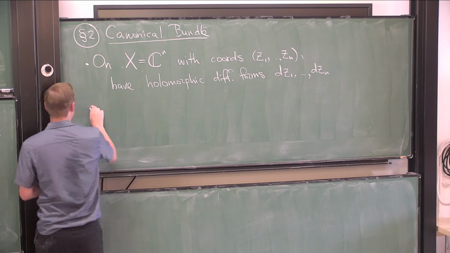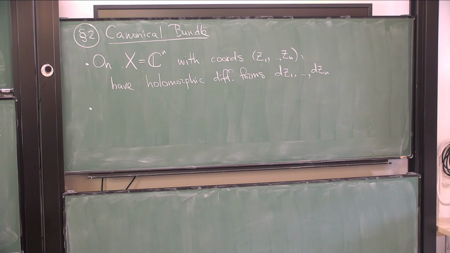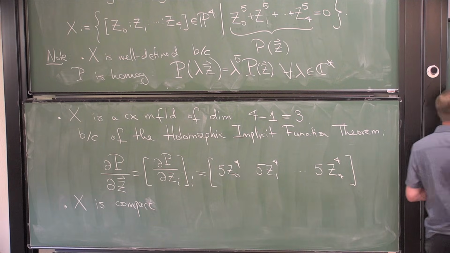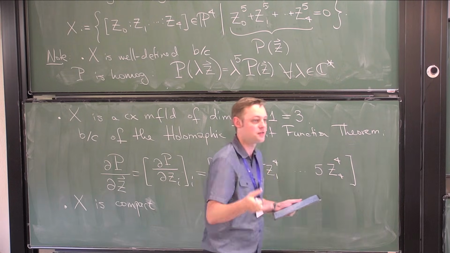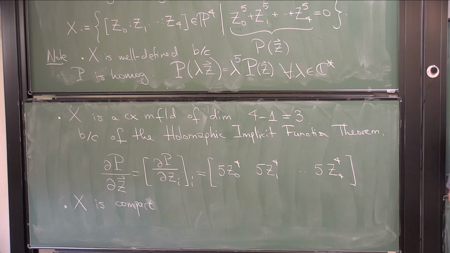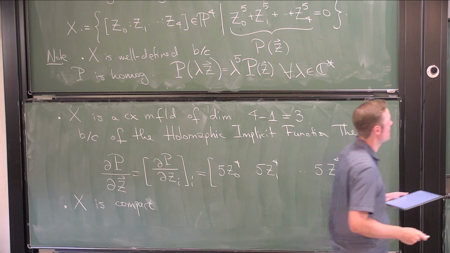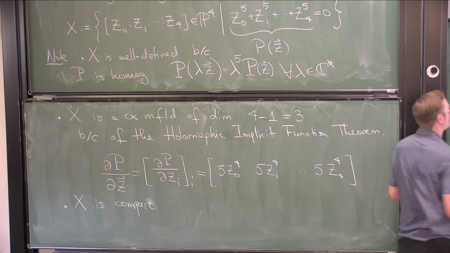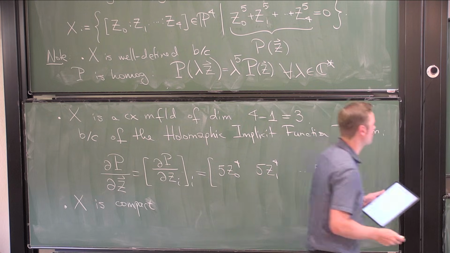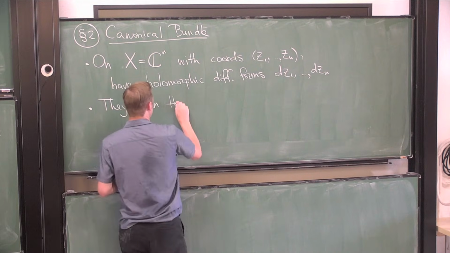What are these? One thing they do, very importantly, is that they are covectors. At every point they span a very important complex space at every point of my complex manifold X, which is called the holomorphic cotangent space.